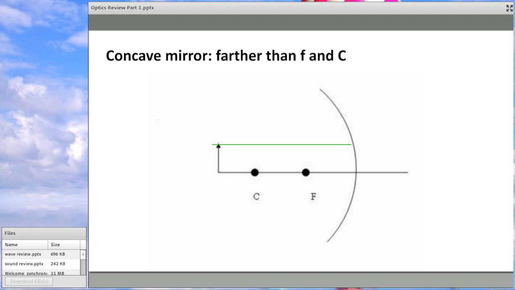One. And then that goes through the focal point. You see how I'm not quite through the center of the focal point? Let me see if I can get it a little better, because I would really like the images to work out, and it's a little better. So we've got that. And then we have that.